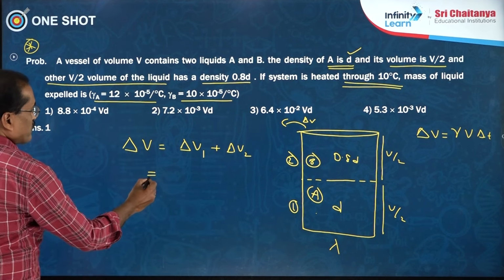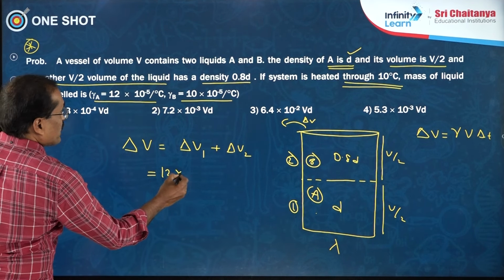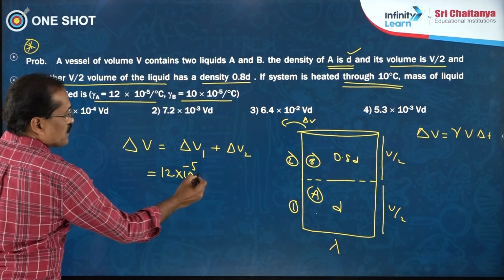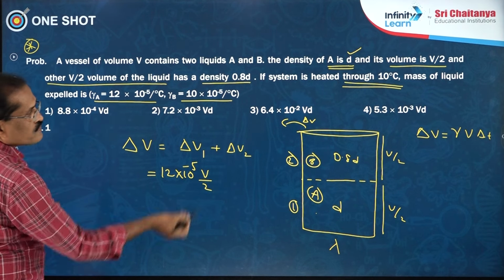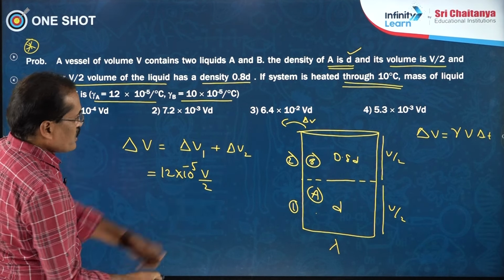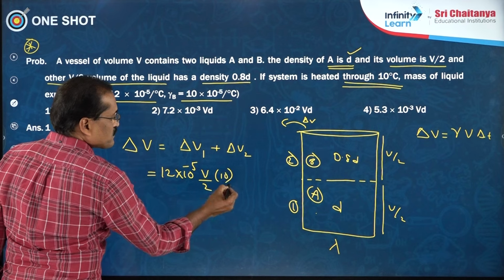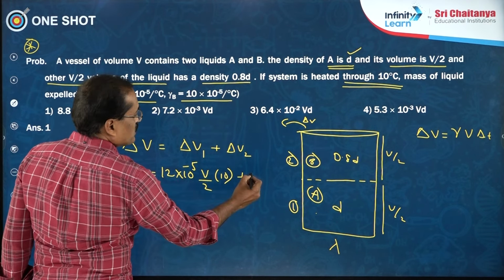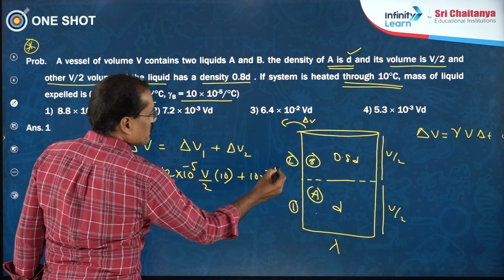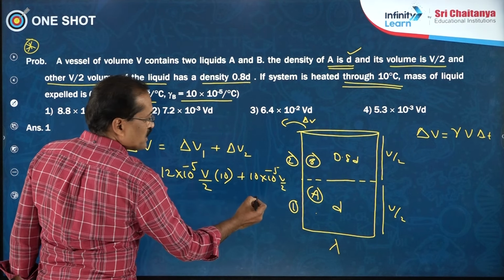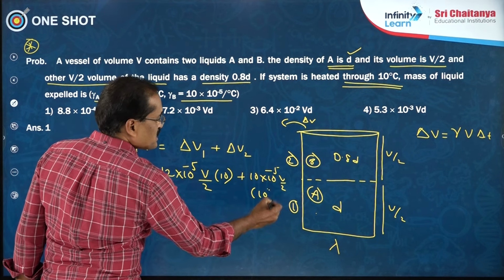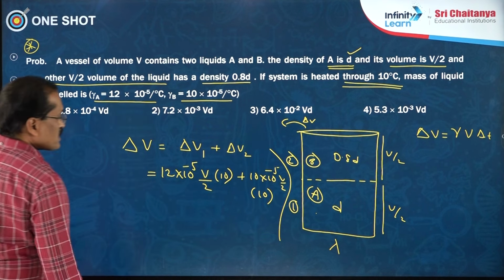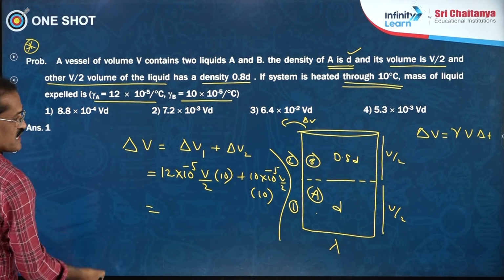Gamma A I am taking as 12 into 10 power minus 5, into the original volume V by 2, and delta T is 10 degrees. Similarly, delta V2: 10 into 10 power minus 5, into volume V by 2, into the temperature increase of 10 degrees Celsius. Children, you observe what exactly the calculation is.